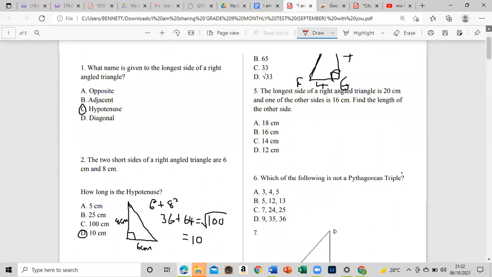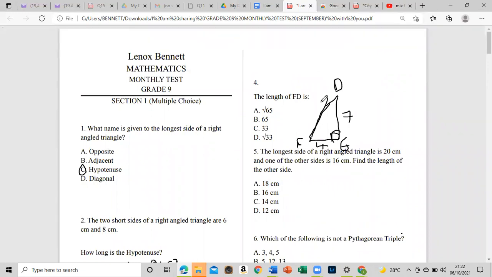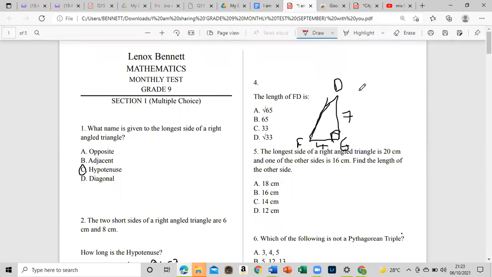Let's look at number 4. I had to draw the ugly triangle here. My apologies. Length of FD is, so FD is this side, it's the hypotenuse, so it's 7 square.